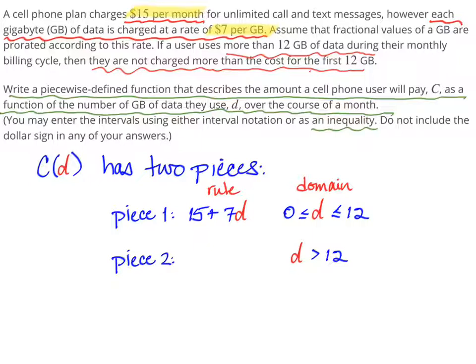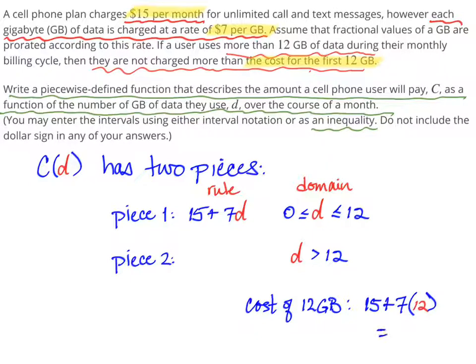And then the second rule, everybody else. Well, it said it's not going to exceed the cost of just 12 gigabytes. So all we have to do is calculate how much 12 gigabytes costs. The cost of 12 gigabytes of data is going to be 15 plus 7 times 12.